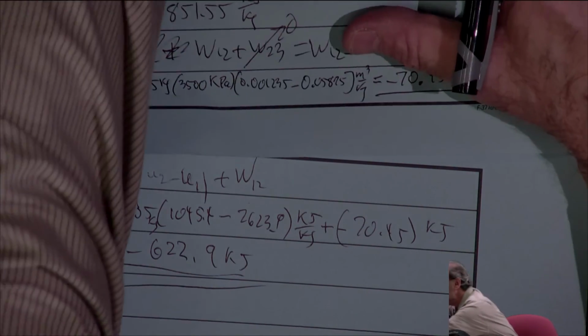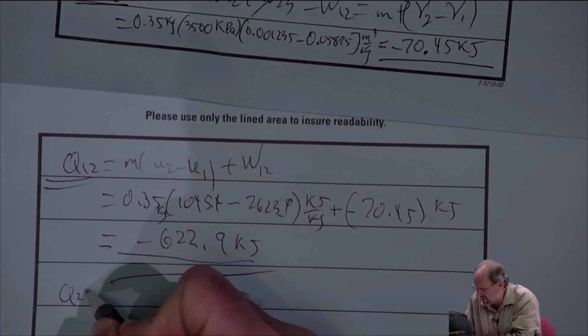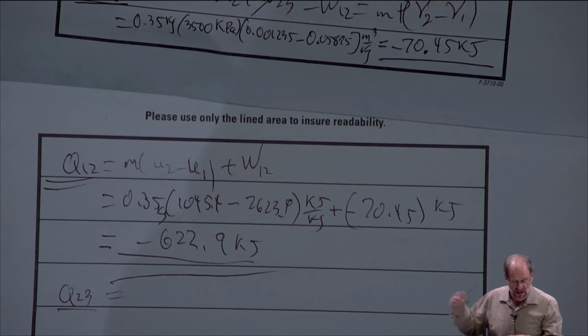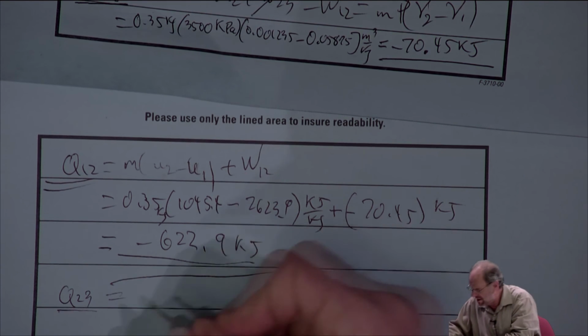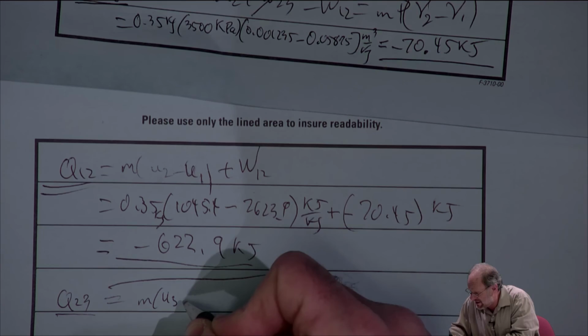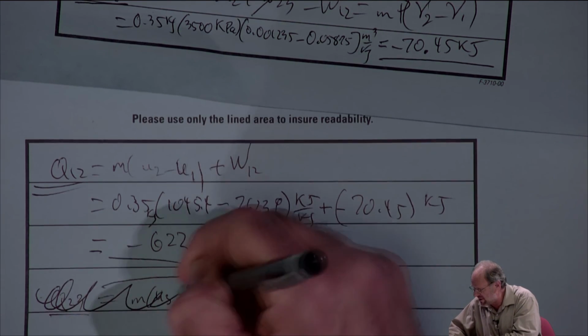And then lastly, we find the heat transfer from 2 to 3. Well, again, this is just mass times change in internal energy. Oh, I'm sorry, I'm not doing 2 to 3, I'm doing 1 to 3, right? I'm trying to find the total heat transfer.